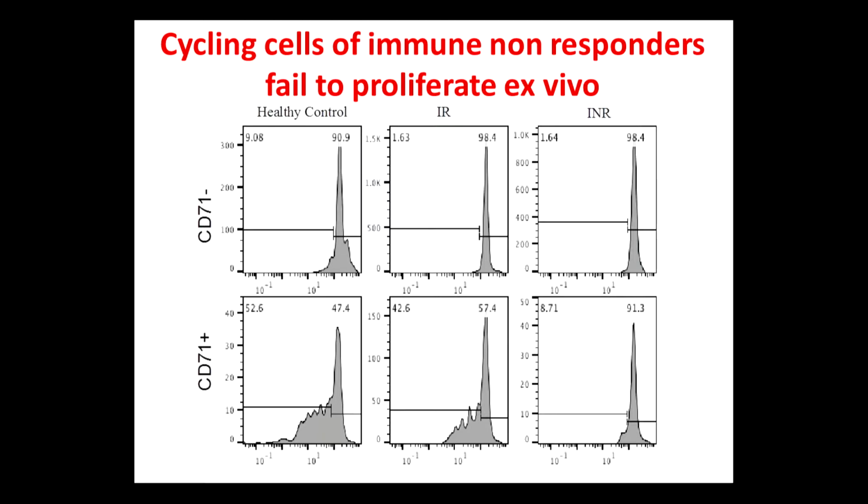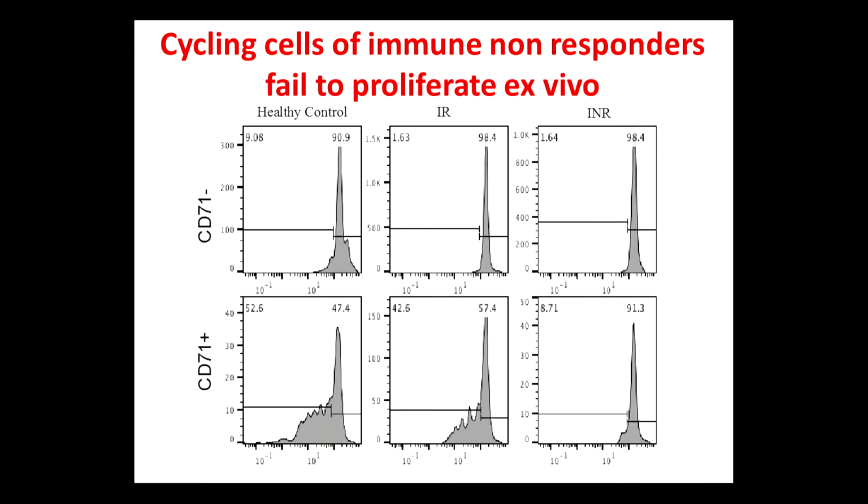However, among the cells that are in cell cycle, the CD71 positive cells, after a week of culture, there's nice brisk dilution of dye, and these cells are not stimulated. They're just set in culture. And this tells us that these cells that are identified by the presence of this antigen, CD71, are in cycle and are capable of proliferation ex vivo.